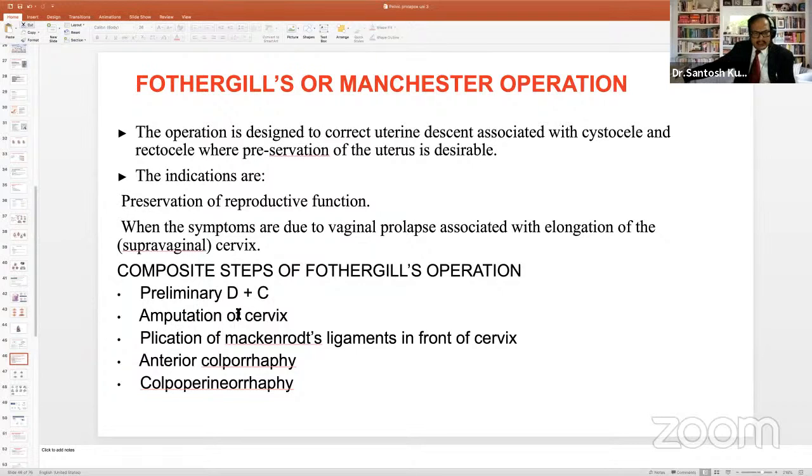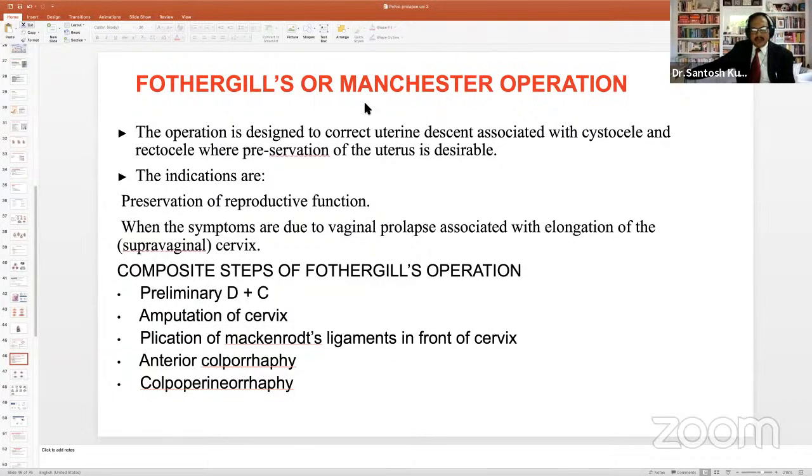If the cervix is elongated, you amputate the cervix and plicate the transverse cervical ligament, which goes to the lateral pelvic wall, that is the Mackenrodt ligament, to the cervix. Repair cystocele by anterior colporrhaphy, and repair posterior wall prolapse, rectocele, enterocele by colpoperineorrhaphy.